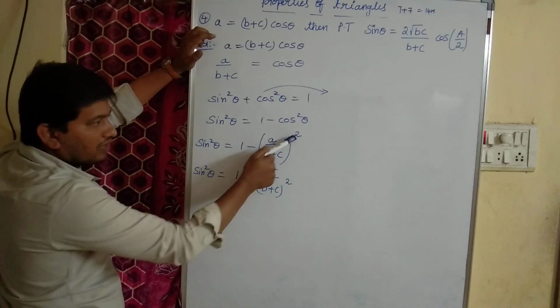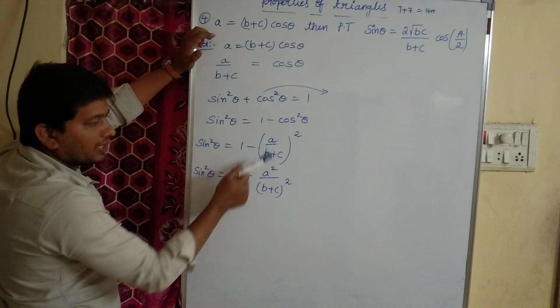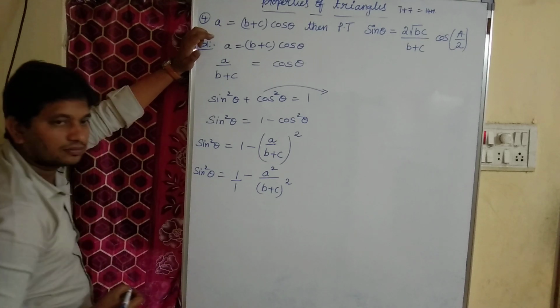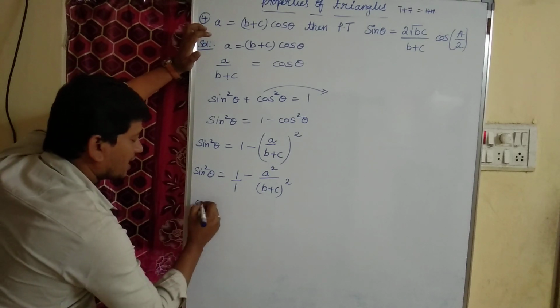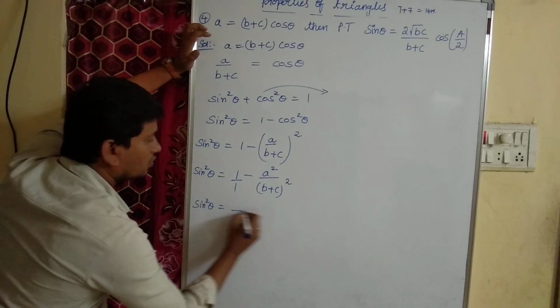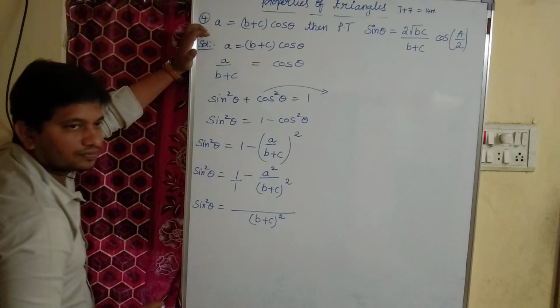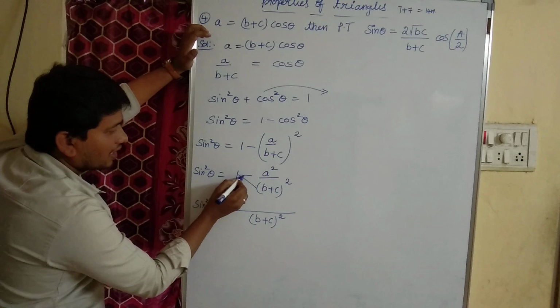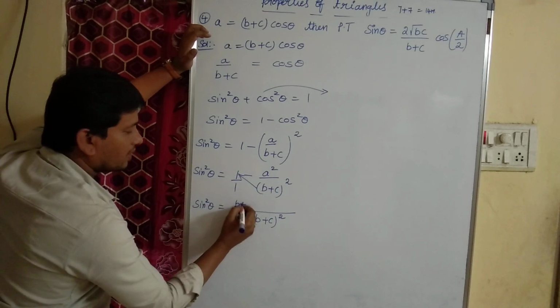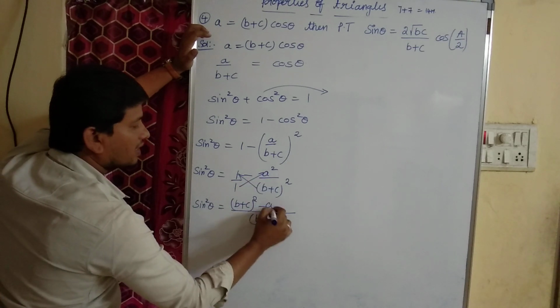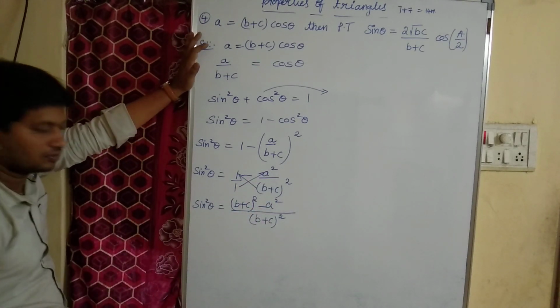Right? Square will be applicable to both numerator as well as denominator. Here nothing in the sense 1. So sin square theta equal to LCM is b plus c whole square. Cross multiplication 1 into b plus c whole square, b plus c whole square minus 1 into a square.